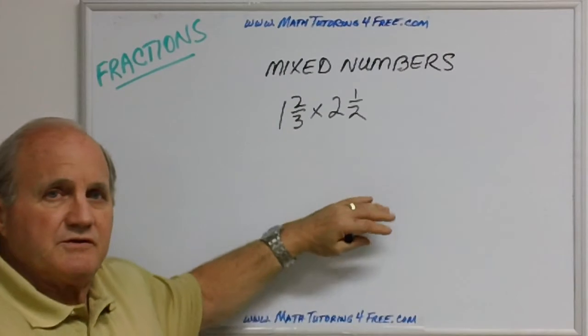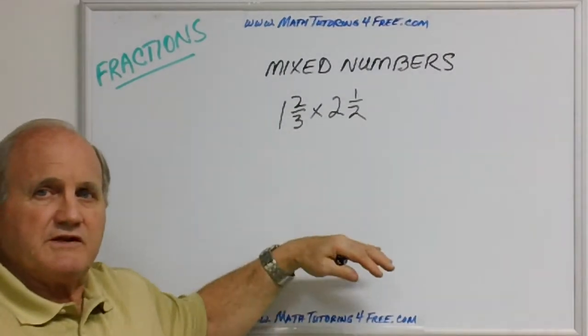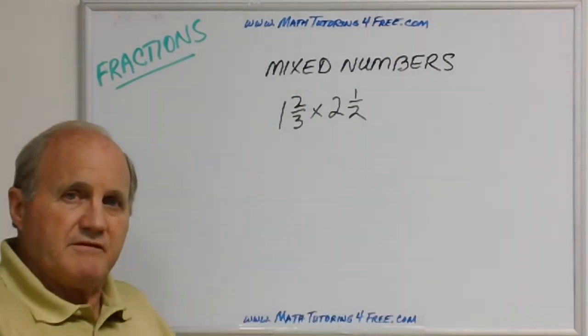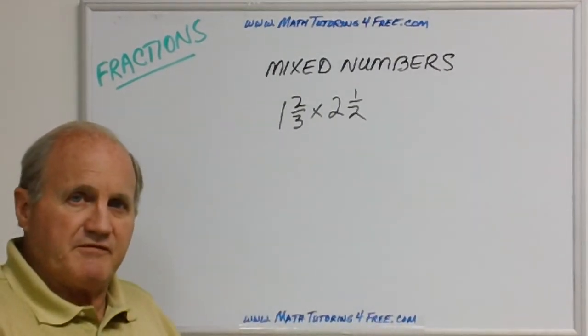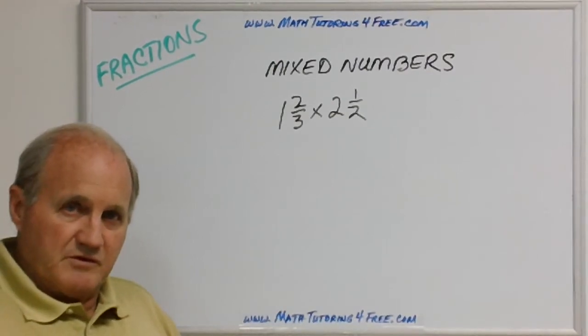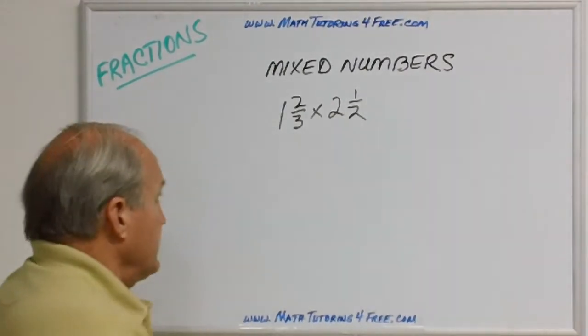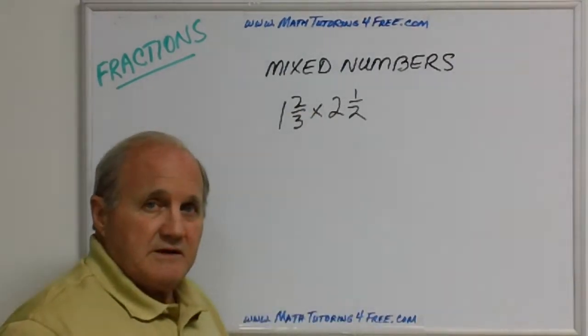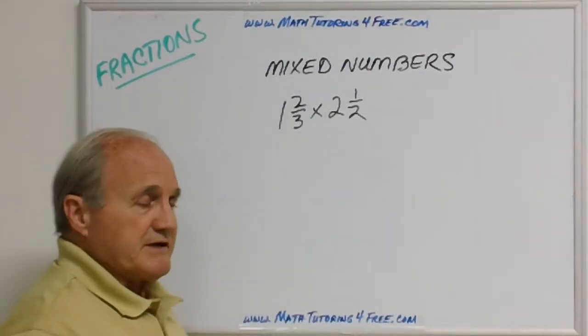Okay? In this case, we can't multiply both the fractions and the whole numbers. What we have to do is convert these back to an improper fraction. And then when we have fractions, even though they're improper fractions, we can use the same rules that we learned, just multiply straight across. So how do we convert a mixed number back to an improper fraction?